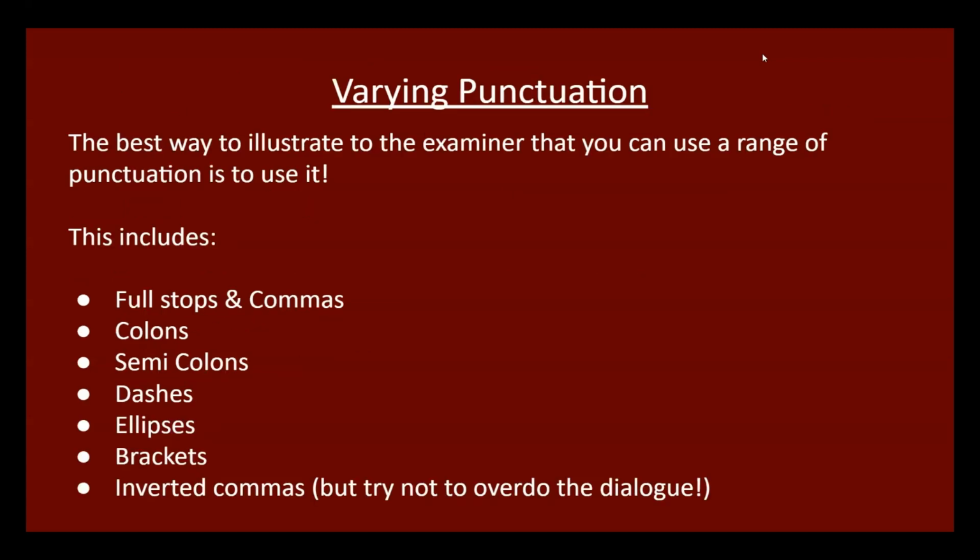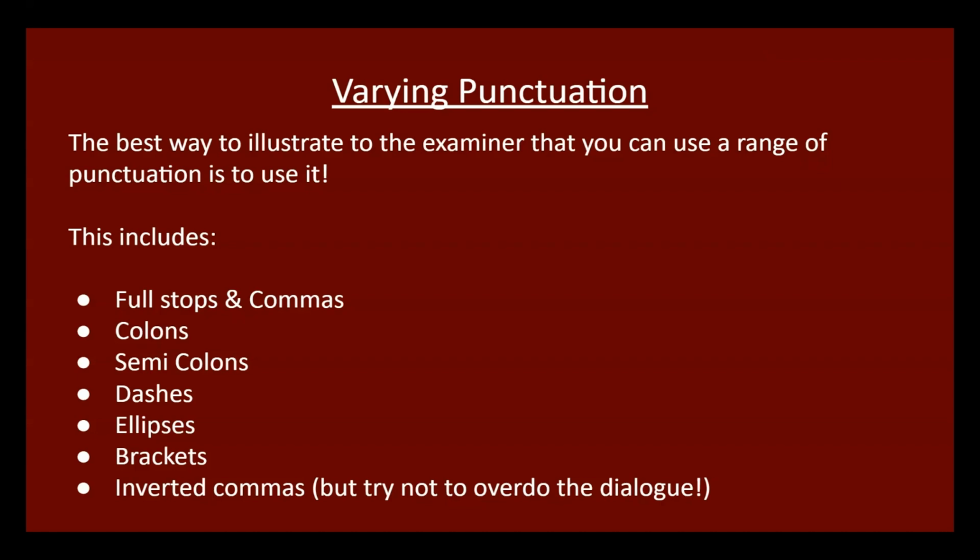The last thing I want to point out for question 5 is the fact that varying punctuation does seem to be forgotten quite a lot. And that is fair enough. I mean, in everyday speech, or not speech, but writing, we're usually using full stops and commas, and that's really it, unless you're like hardcore creative writing.